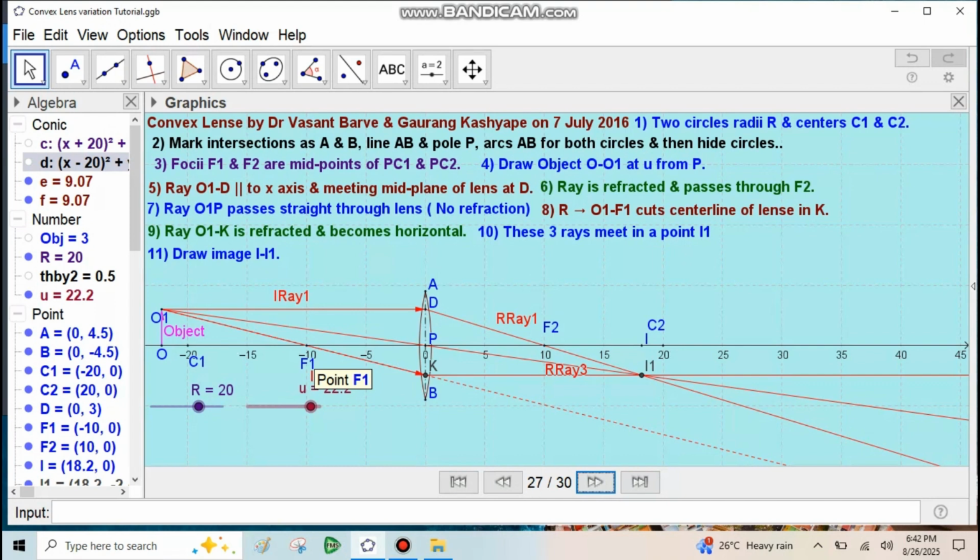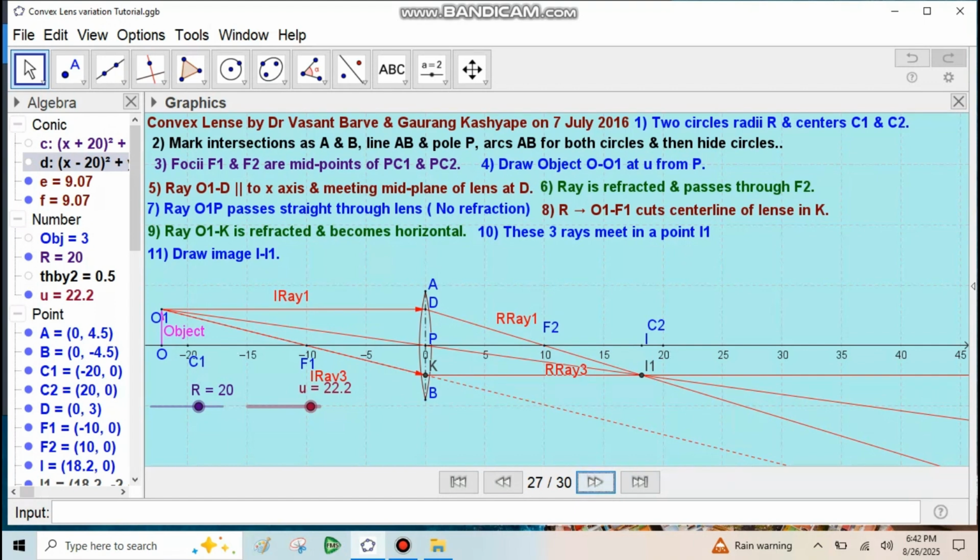Now this particular ray becomes parallel to the axis after refraction, and then all these rays meet in a point. Now, in actual case, there will be slight deviation between these three because of the spherical aberration. You cannot make spherical aberration absolutely zero.